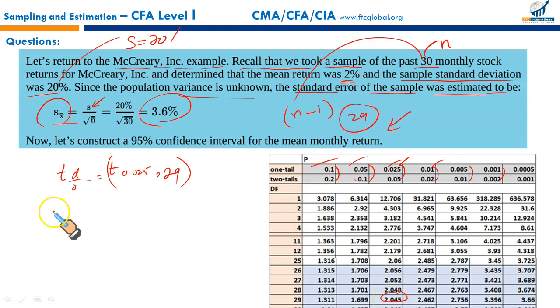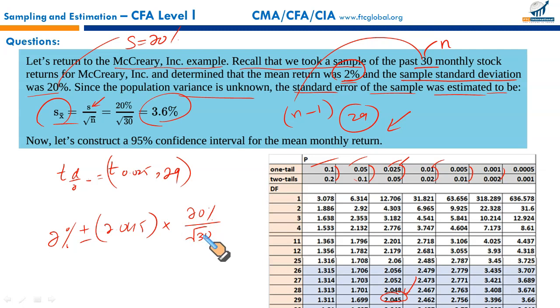Now we apply the formula. The sample statistic here is 2%, right here given. Mean 2%, the point estimator, plus minus t alpha by 2, that is 0.025 at degree of freedom 29. We just saw this number in the table, 2.045. And multiply this with the standard deviation, that is 20%, and divide it by the square root of the sample size, that is 30, right?